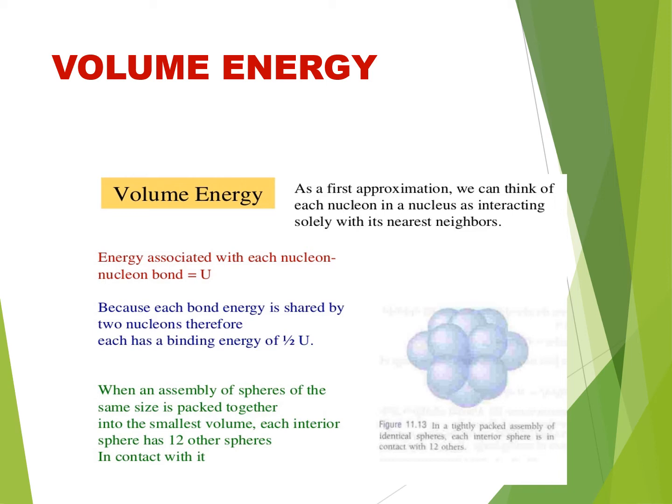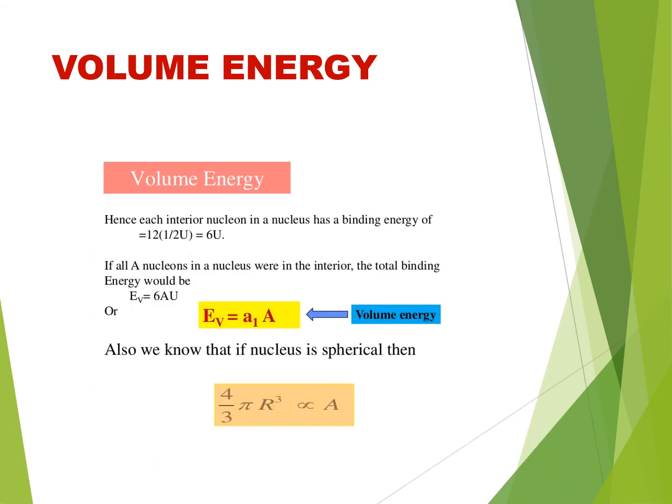So the energy associated with each nucleon is considered to be U. Because each bond is shared by two nucleons, each has a binding energy of U/2. So, after deriving the volume energy, we get the equation E_V = a1 A. We know if the nucleus is spherical, then the volume of a sphere is 4/3 π r³, which is approximately equal to A, the mass number.